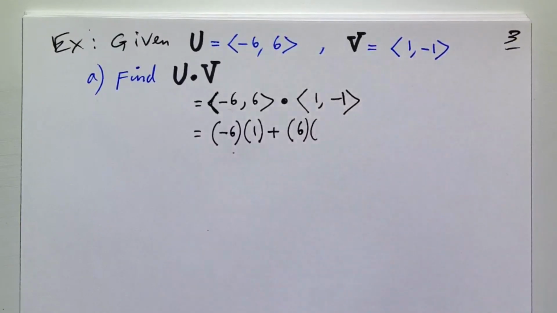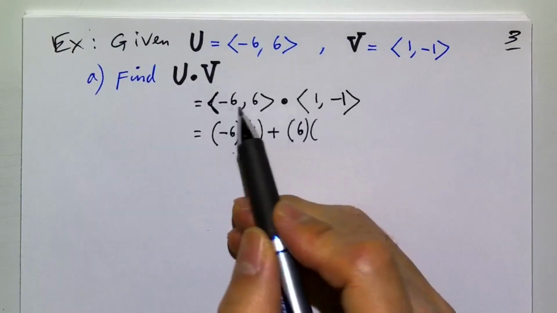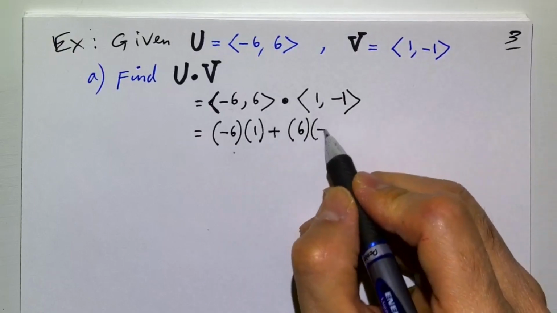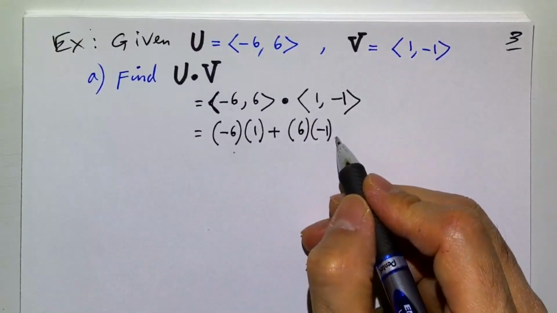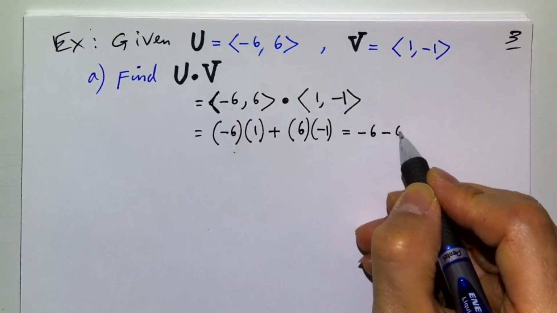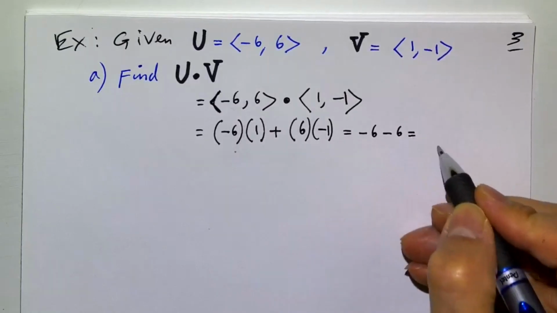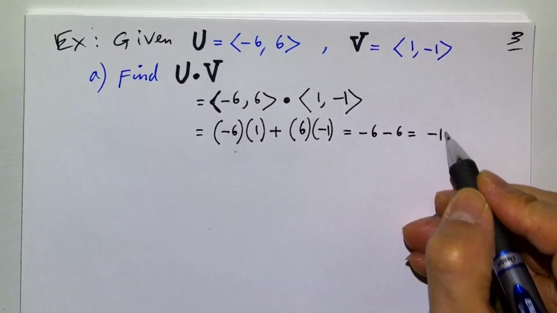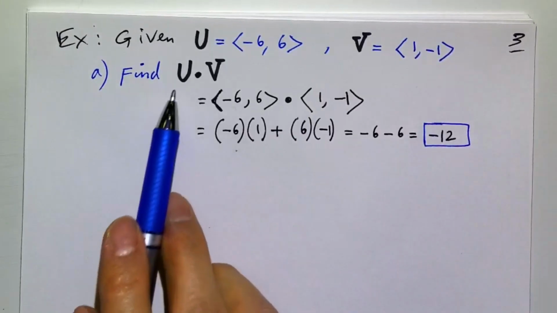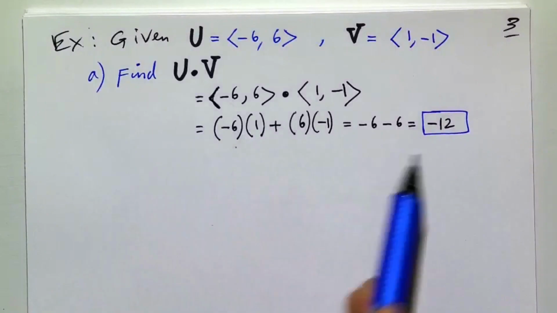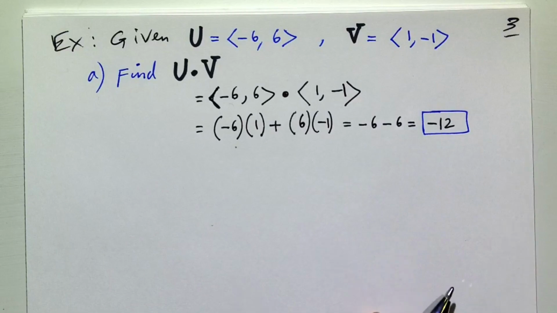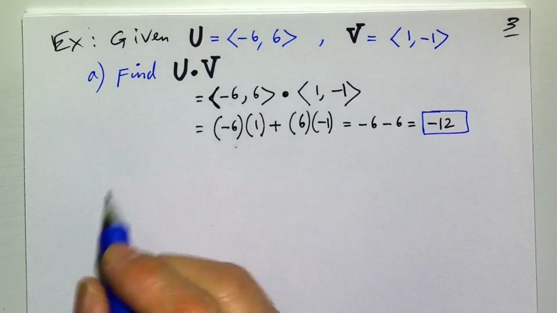Remember the ij forms? So this is multiplying the i terms and adding the j terms to them. So 6 times negative 1 is minus 6. So we get negative 12. So notice, as we said, the dot product of two vectors is a scalar, not a vector. It's a number, just like that. Okay, so that's part A.